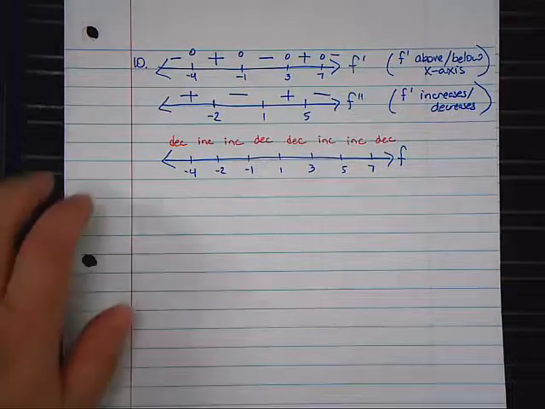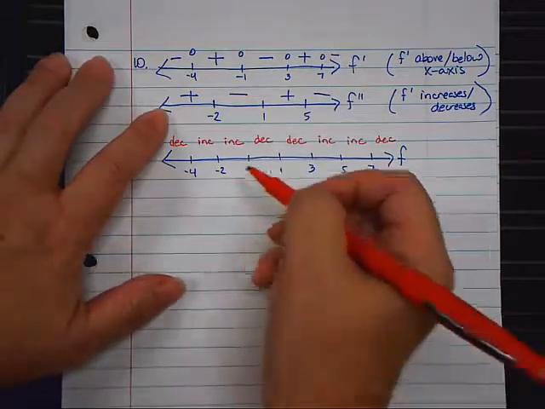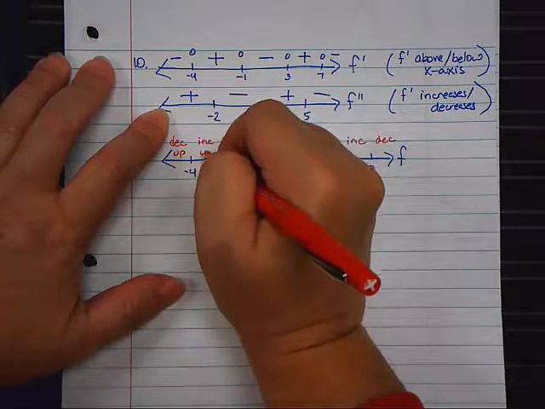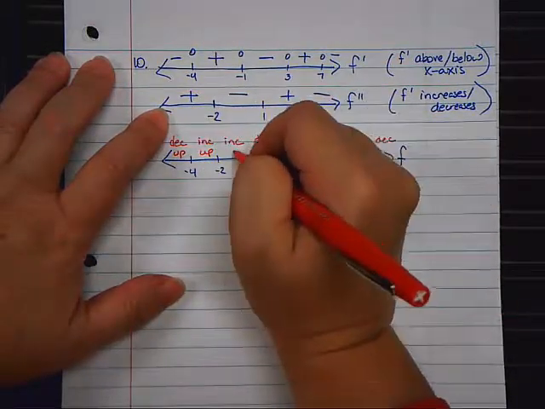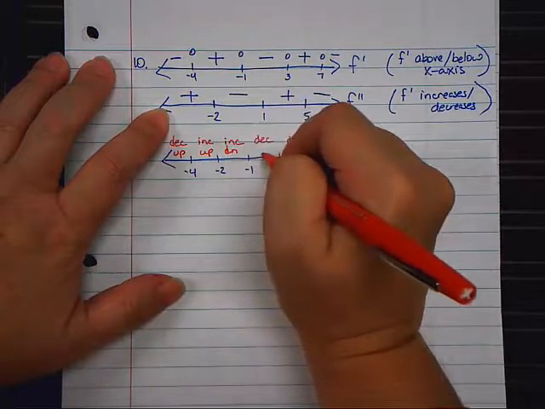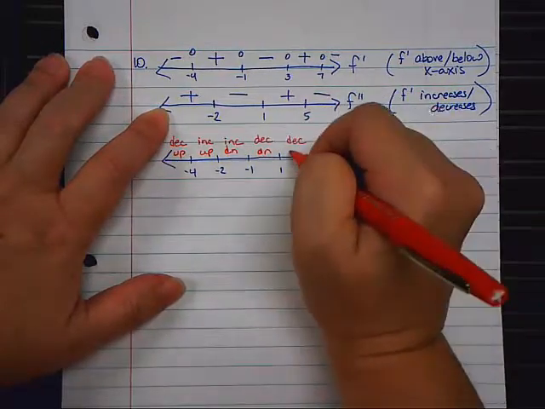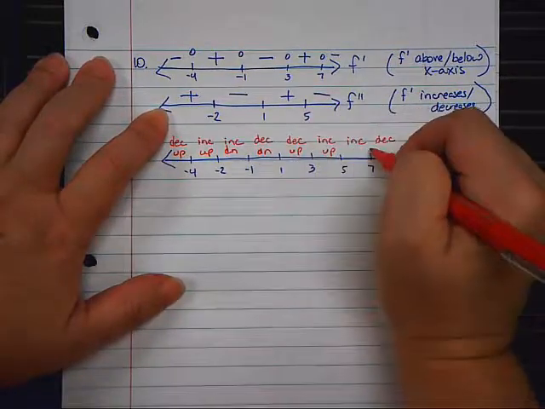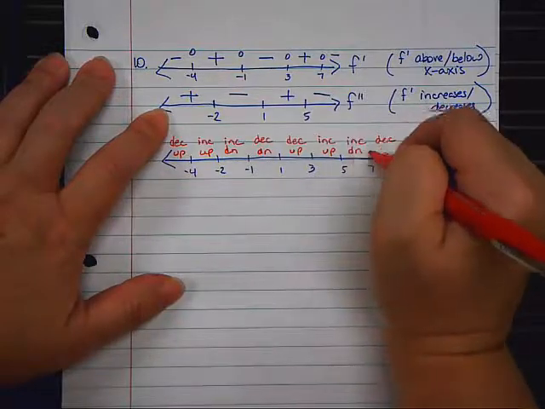Just do the ups and downs next. So we have up here, up twice to -2, down twice to 1, up twice to 5, and down twice after that.